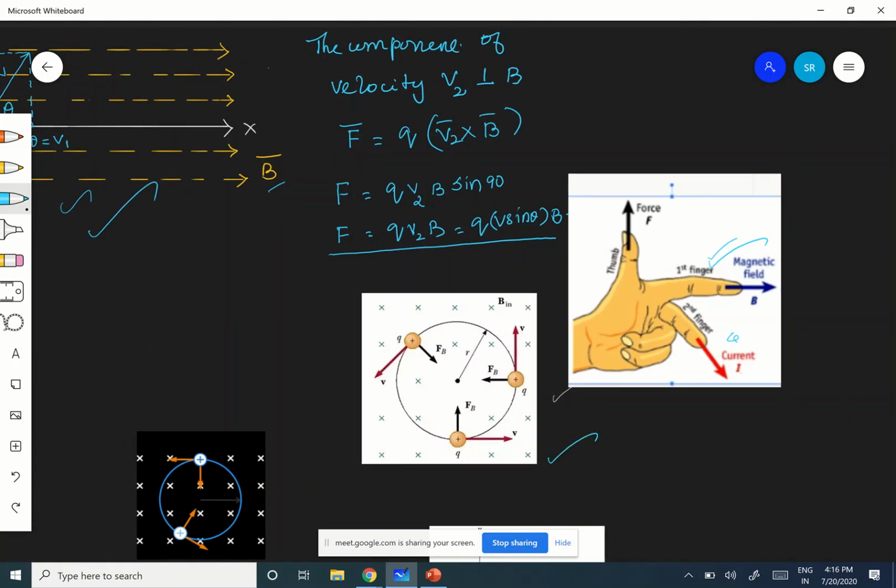Cross gives you magnetic field moving inward. Magnetic field is in the inward direction, perpendicular to the plane of the board and inward. I am taking it like that. Why? Because only then can I show the path of the charged particle because of that force F, F equal to Q V2 B.